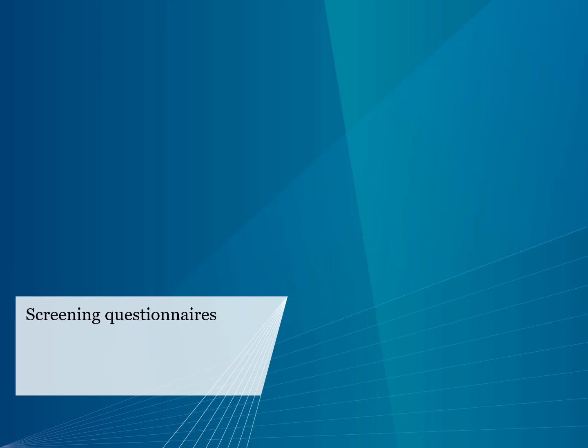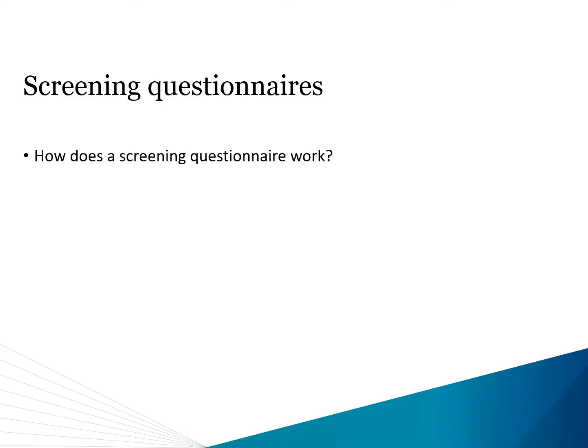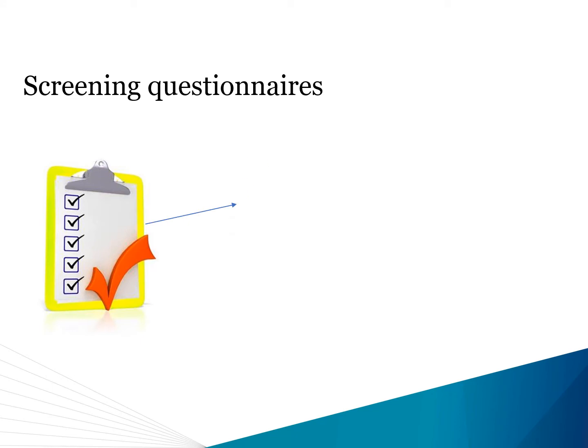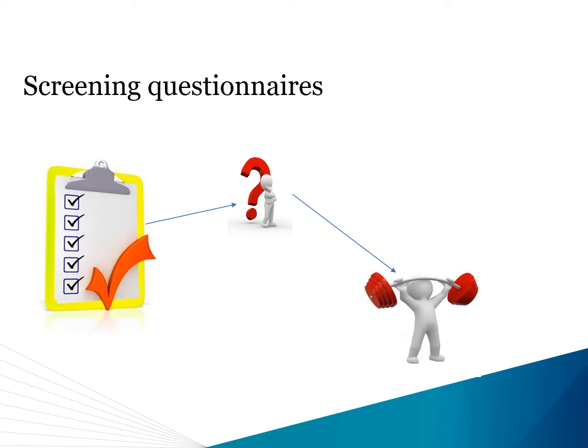As I flagged up in the opening PowerPoint, I'm going to consider screening questionnaires now and the parameters by which we can judge how good they are. So first of all, how does a screening questionnaire work? Initially, a score is given to a person on a list of questions, and then a decision has to be made on the basis of that score.